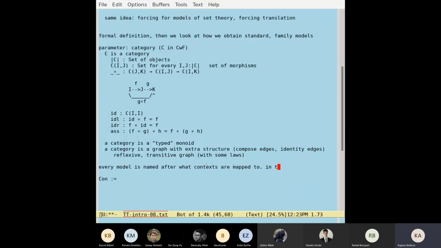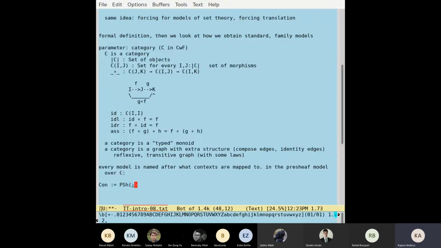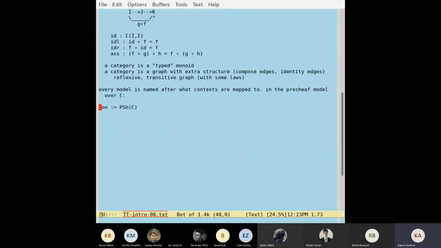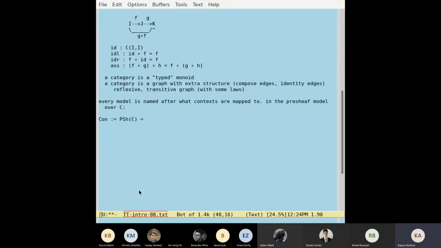So in the presheaf model over C, contexts are mapped to presheaves over C. Okay, so what is a presheaf over C? It is the same as a functor from C to set.